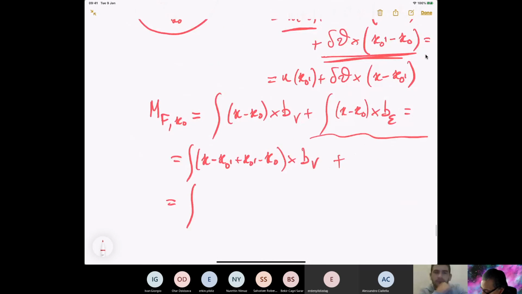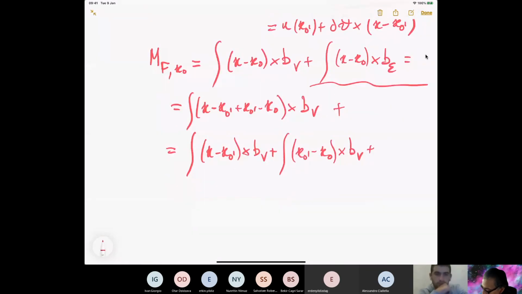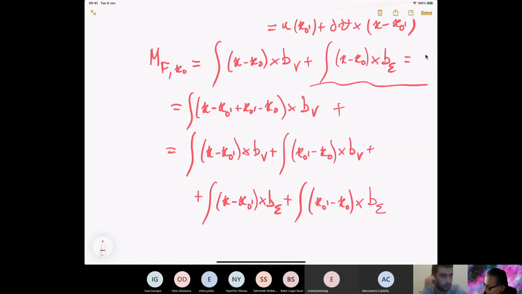And then you have integral of x minus x0 vector b v plus integral of x0 prime minus x0 vector b v. And this is plus integral of x minus x0 prime vector b sigma plus integral of x0 prime minus x0 vector b sigma.